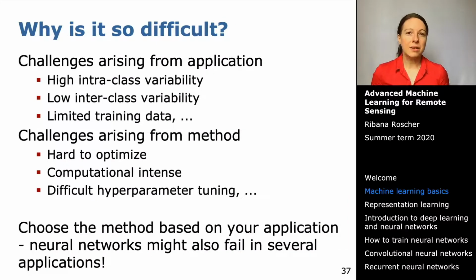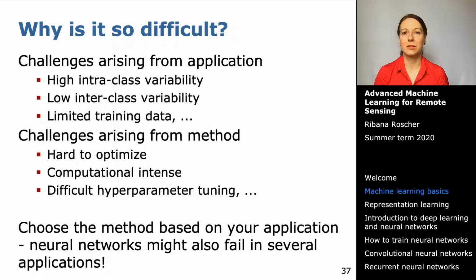So why is it now so difficult to do a classification? You have different challenges you need to deal with, and one type of challenges arise from the application. So you have a high intra-class variability, and you have a low interclass variability. So you have a lot of variation within one class, but also it happens very often that classes are similar to each other.